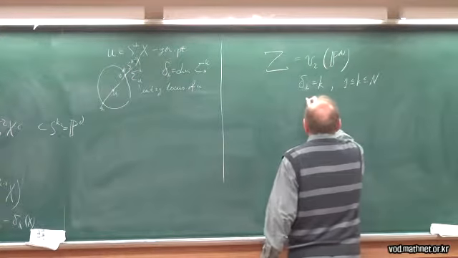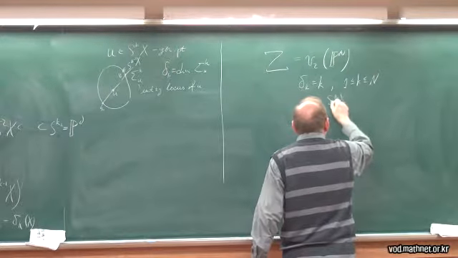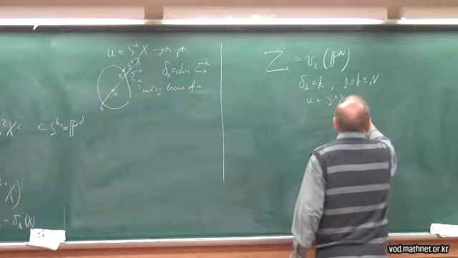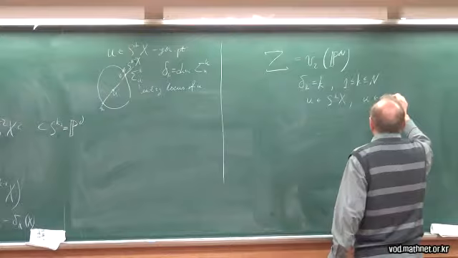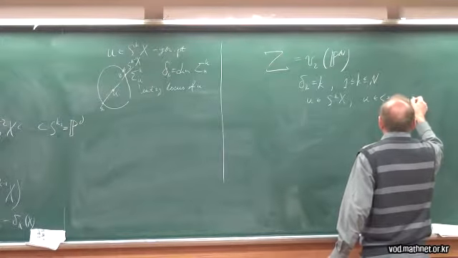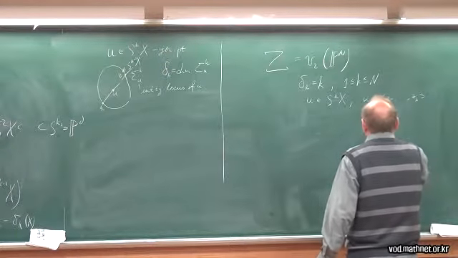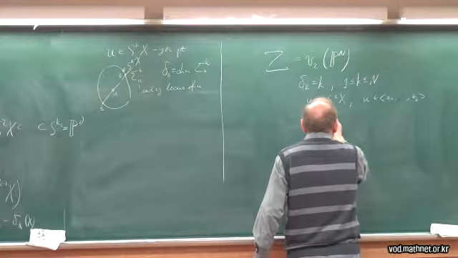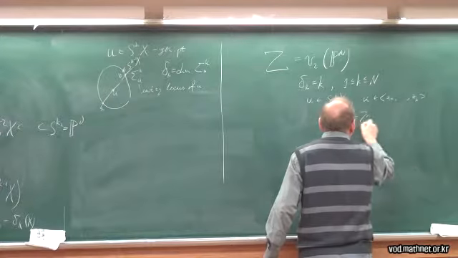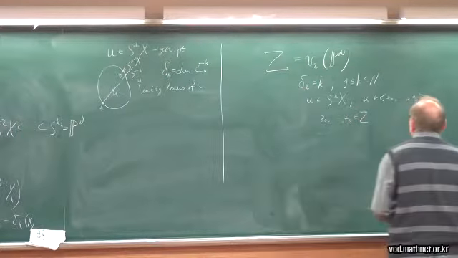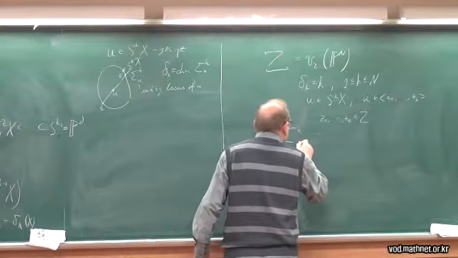We take any point u here, then this means that u is contained in the linear span of some k plus 1 points in X. And then what is the entry locus of this point u?